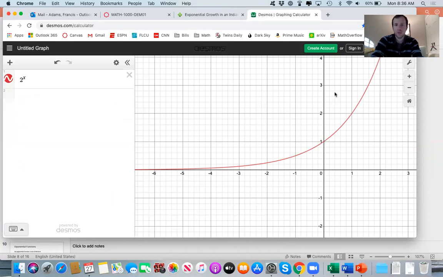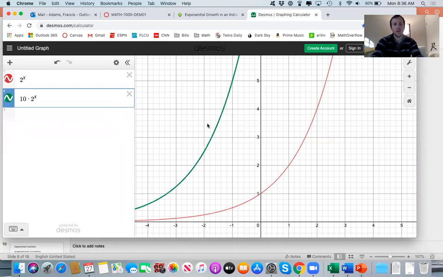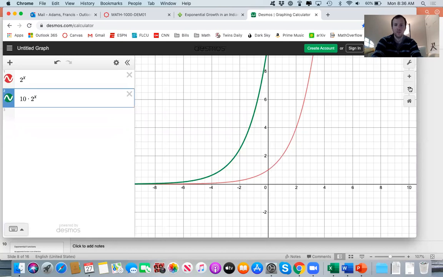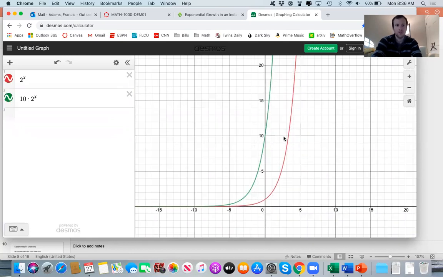So we also want to think about how we can change this. One thing that we can do is take that formula we had before, where the rabbit population was 10 times 2 to the x.